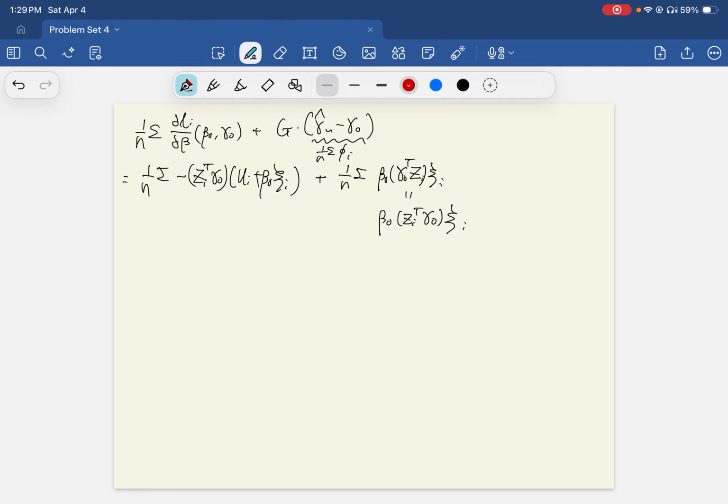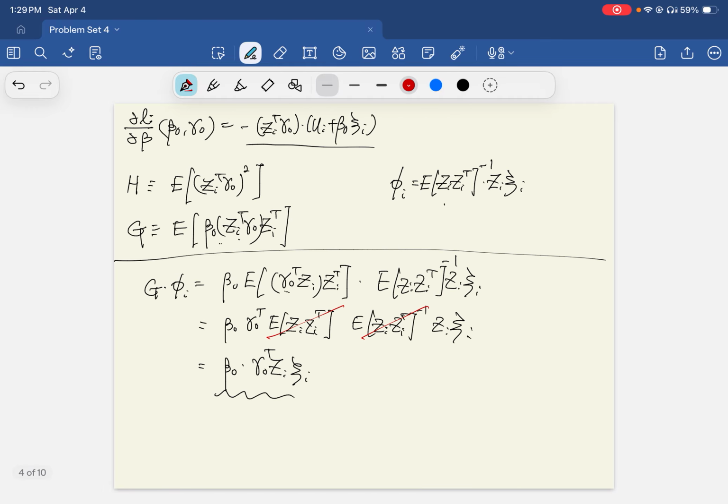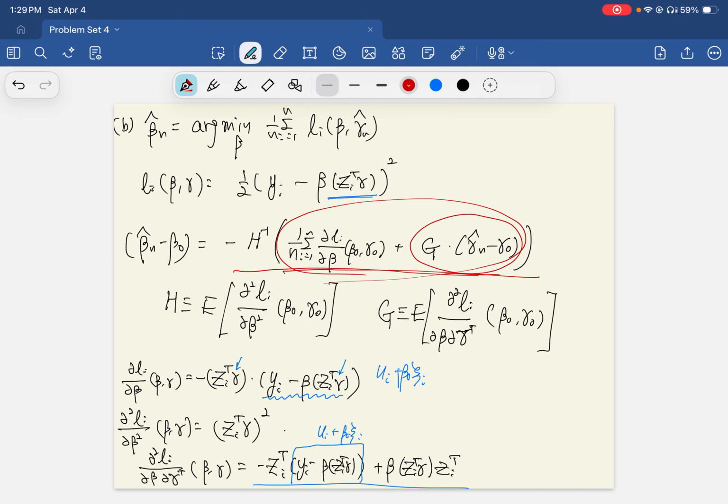That means beta 0 times z prime gamma times psi is cancelled out by this guy. So it is also simple. Minus zi transpose gamma 0 of u. Right? That much is this much. Okay?